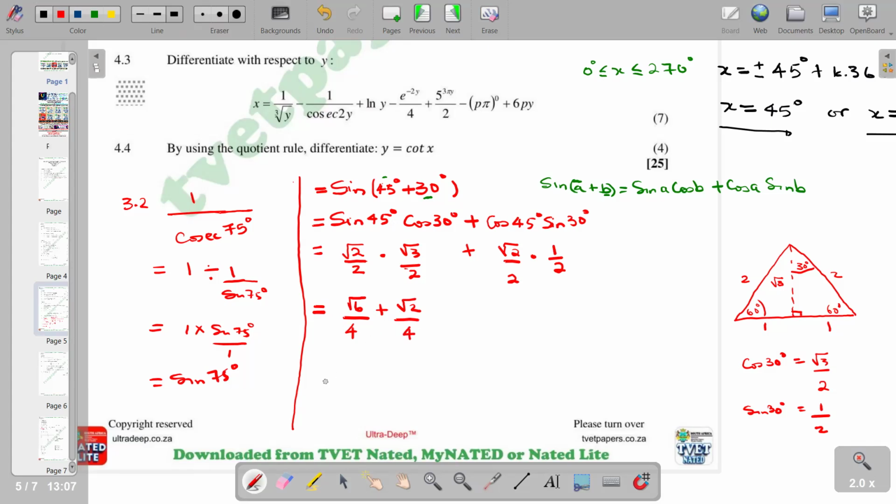Since our denominators are the same, this can be written under one denominator as root 6 plus root 2, all over 4. This becomes the answer for 3.2. Then let's go to the next question.